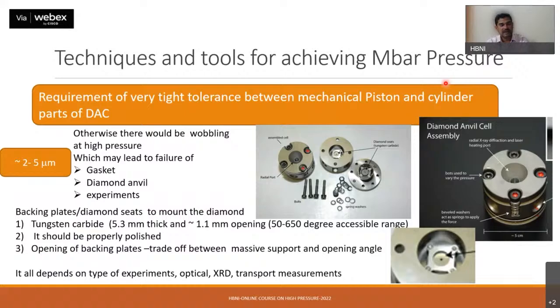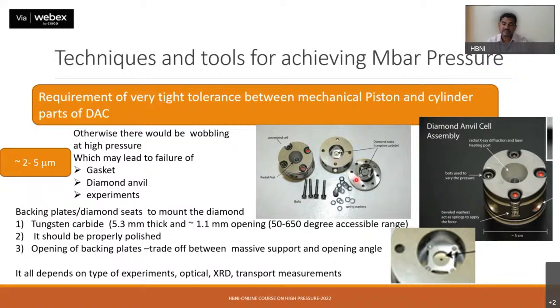So now, to summarize, what are the techniques and tools for achieving megabar pressures? Practically speaking, you require very tight tolerance between the mechanical piston and cylinder parts of the DAC. This part we call the cylinder and this part we call the piston. These are the two mechanical parts of this diamond anvil cell, which you see here as assembled.